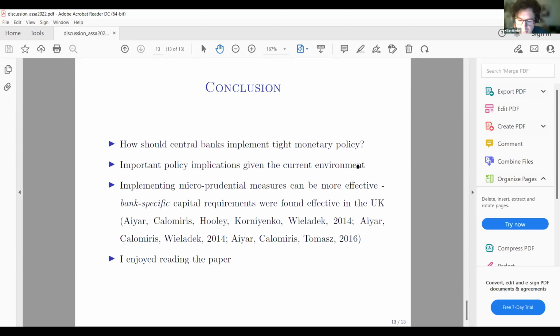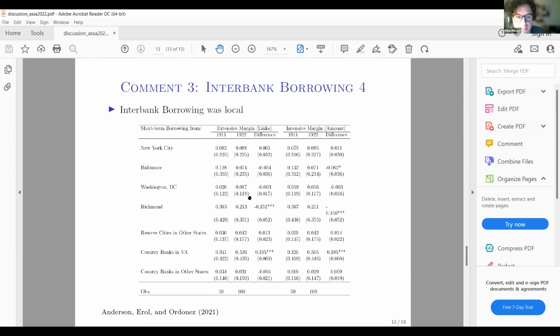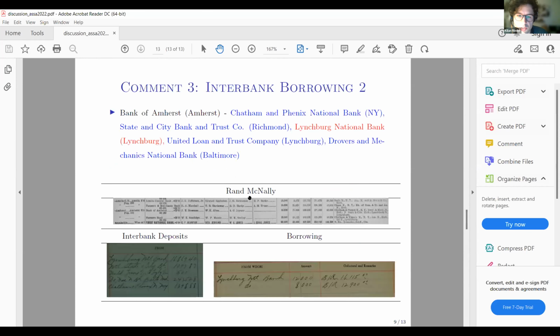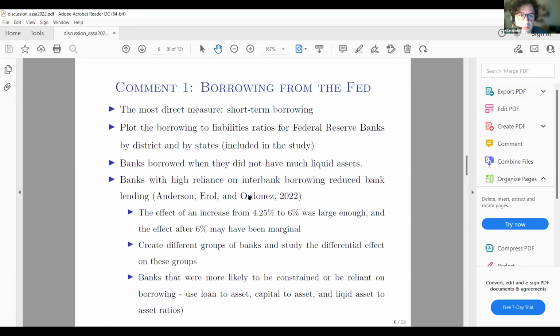The second point, with regard to the stigma and also moral suasion from using the discount window and so forth, that's true. It speaks to the same point of external validity.